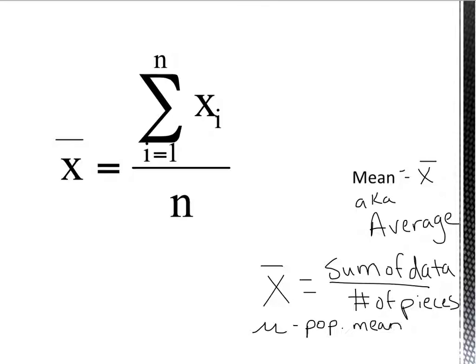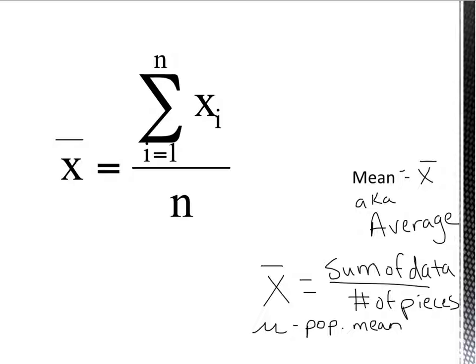But we're almost never going to do a study with a population. We're going to usually just take a sample. So X bar represents sample mean. So statisticians use notation to tell the difference between information that comes from a sample and information that comes from the population.